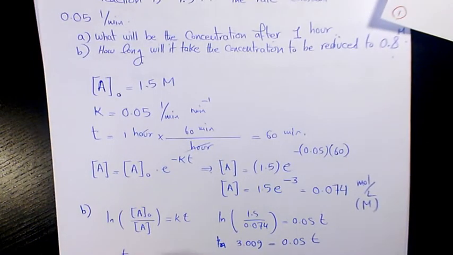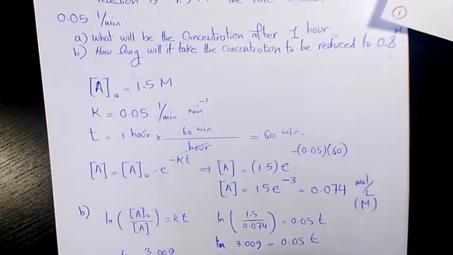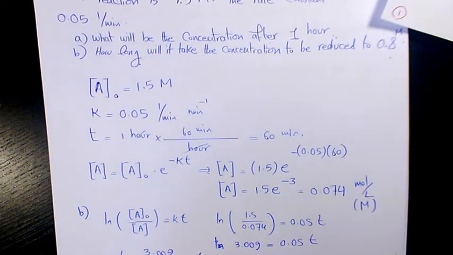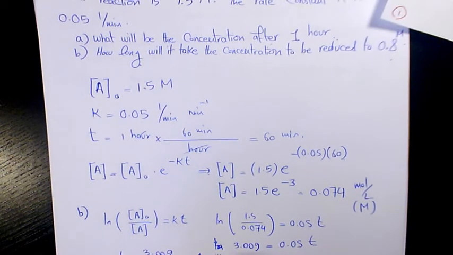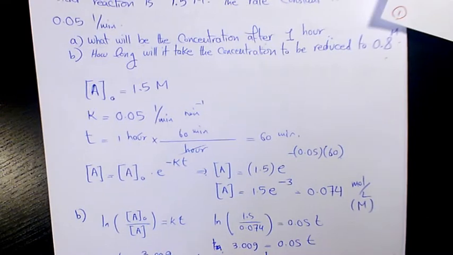So T will be 3.009 over 0.05. That's going to give me around 60 minutes, or 1 hour.